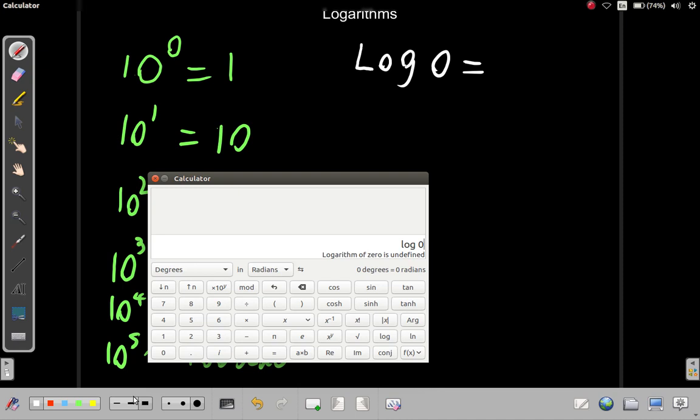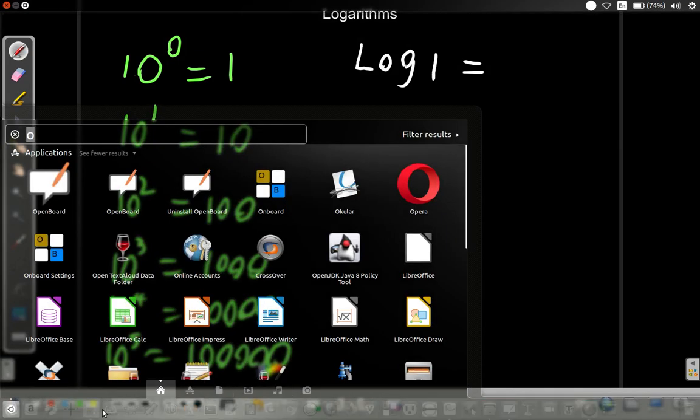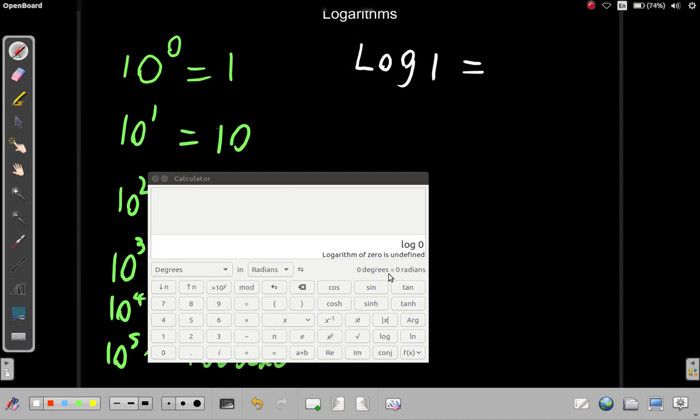That's what I wanted. Let's find log of 1.